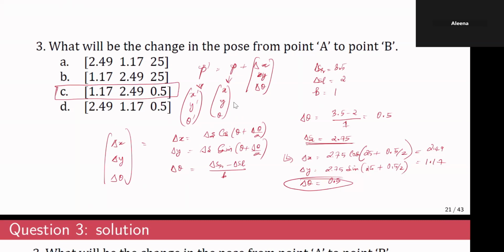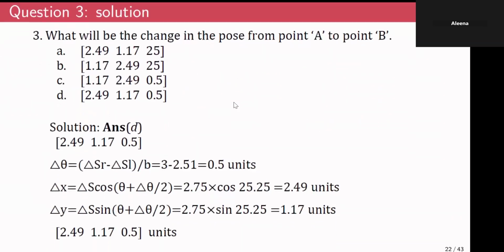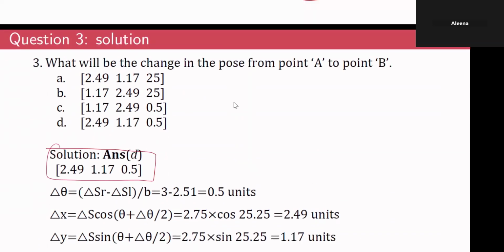Right? I hope that was clear enough. Now, moving on to question 4. What will be the, sorry, this is question 3, the answer. So the answer is indeed option D. Or have you made a mistake?